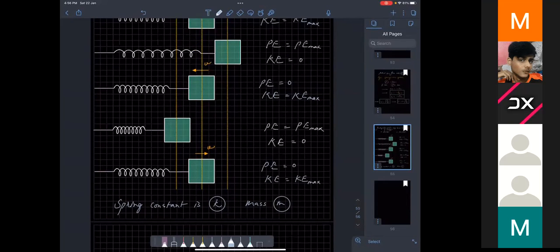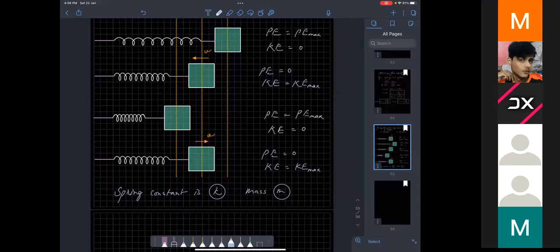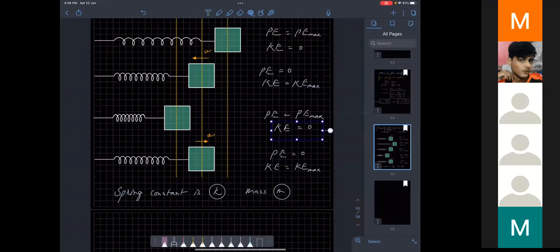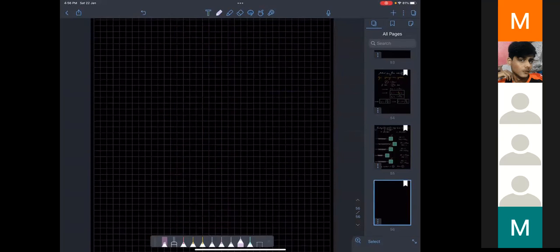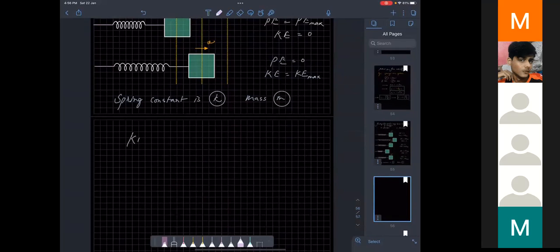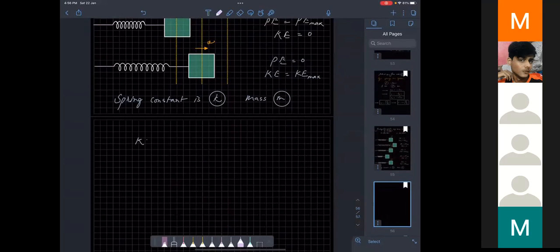Is it clear? So all these terms are clear, right? Okay. Now tell me, what will be the equation for total energy, or kinetic energy, or potential energy? Okay, let me write down. Kinetic energy is half mv square, right?